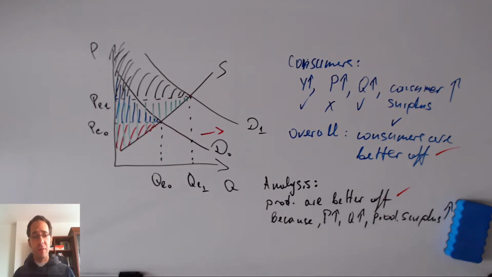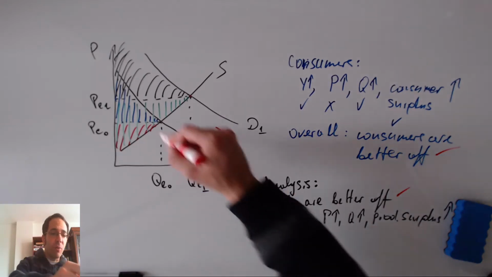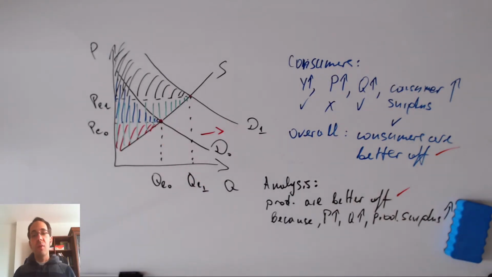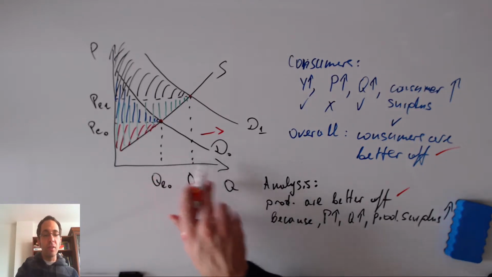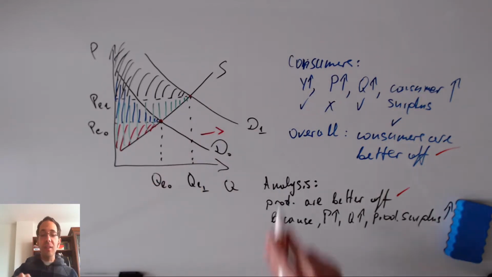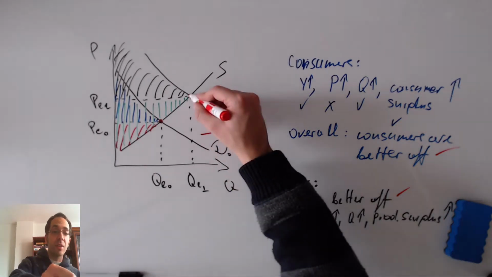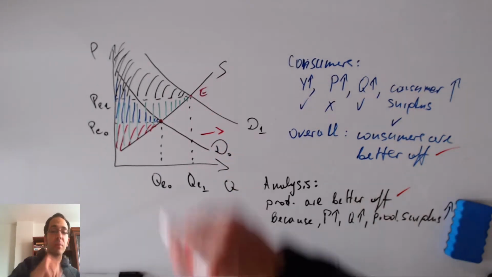We know that we are, but stating that reinforces the idea that society as a whole is better off. We were optimizing the welfare under the old conditions with D0 and S. Under the new conditions with D1 and S, we are again optimizing. So we are at equilibrium.